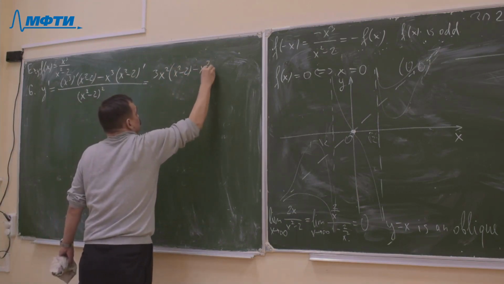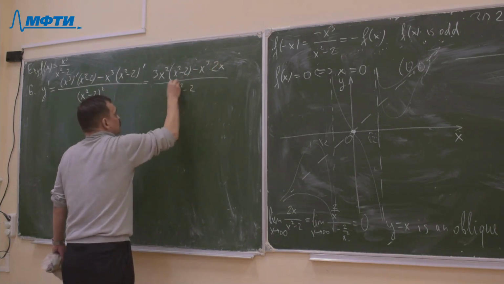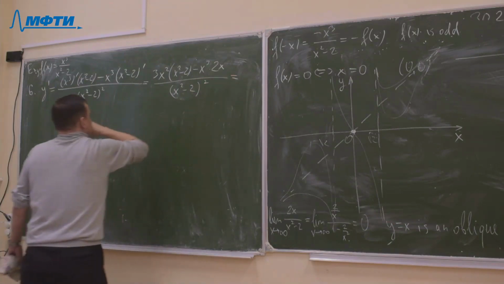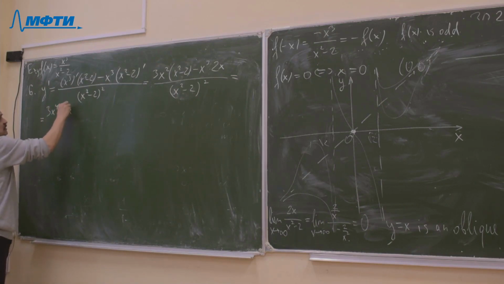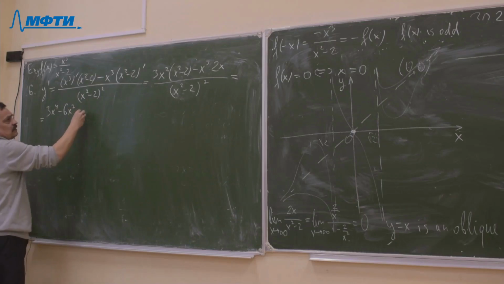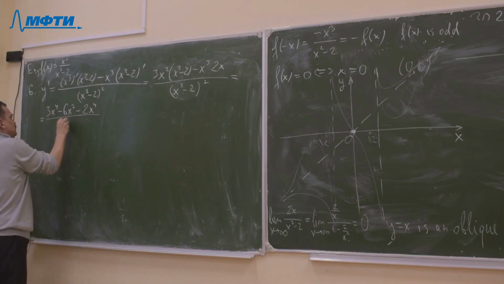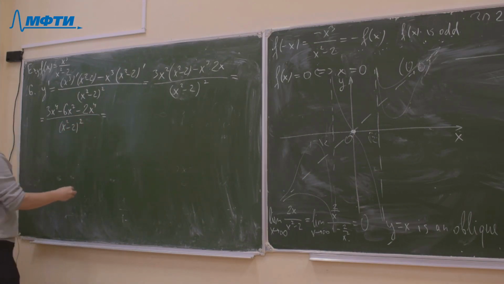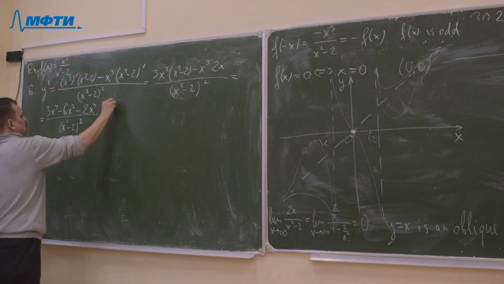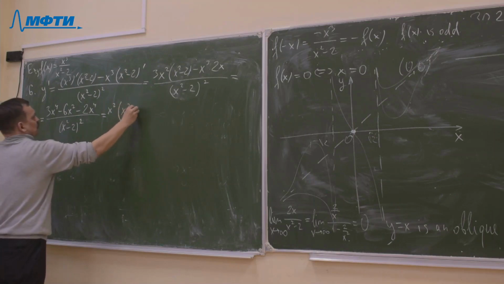Minus x cubed times 2x over x squared minus 2 squared. That is 3x to the power 4 minus 6x squared minus 2x to the power 4, over x squared minus 2 squared. That's it. x squared times x squared minus 6, right?